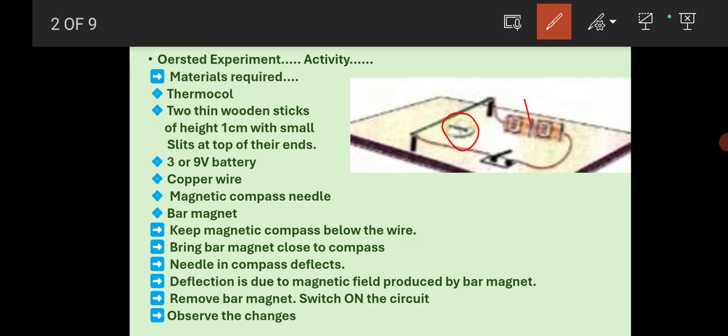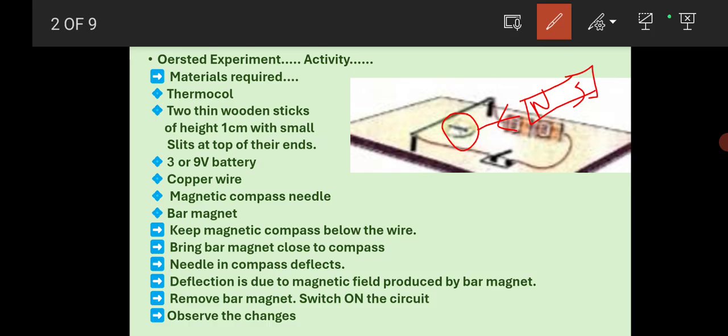Now he brought the bar magnet towards this compass needle. First step, he brought the bar magnet towards the compass needle. Now say what happens? The compass needle will deflect if magnetism is present.